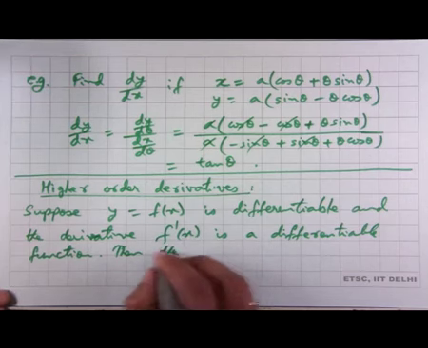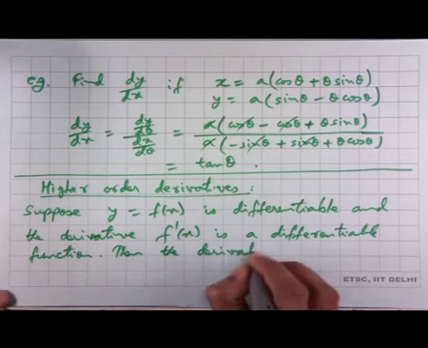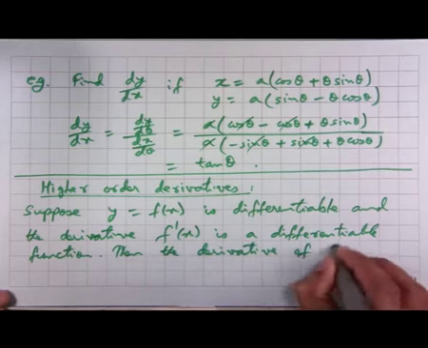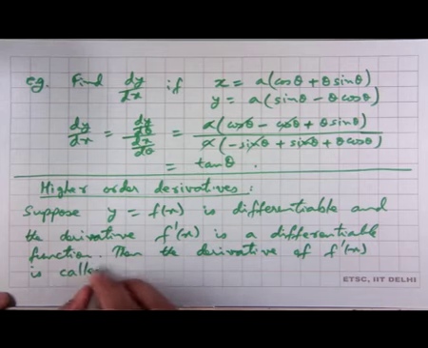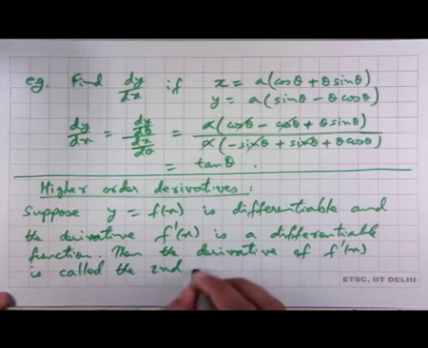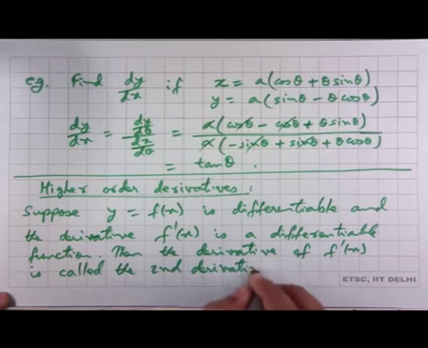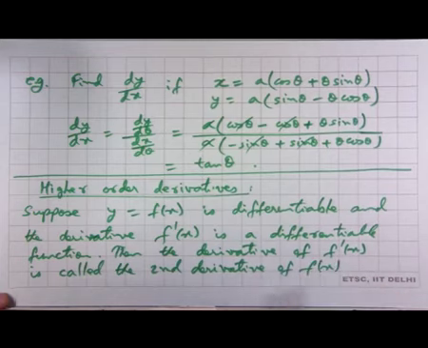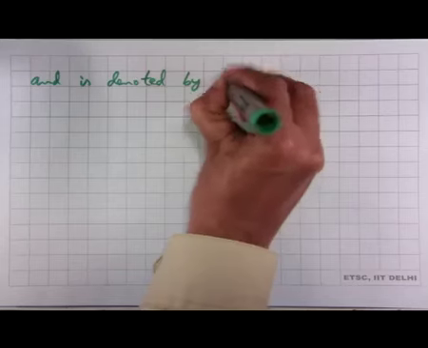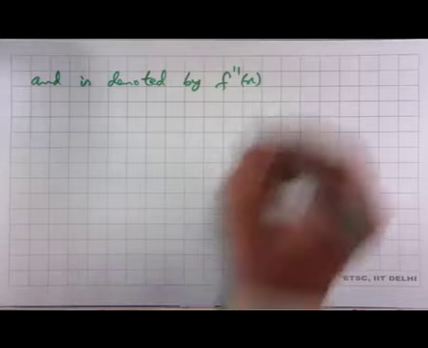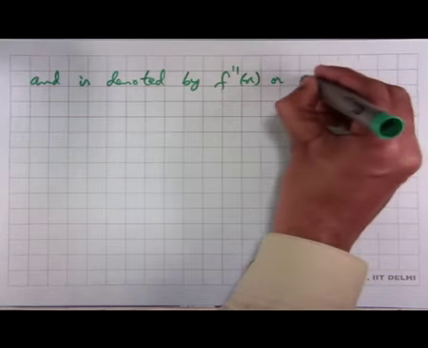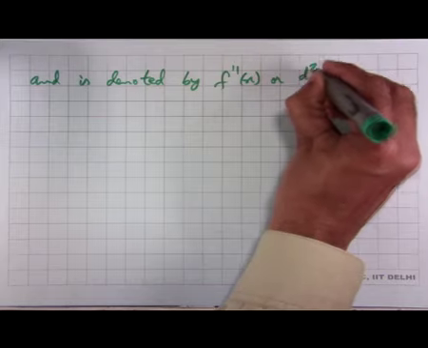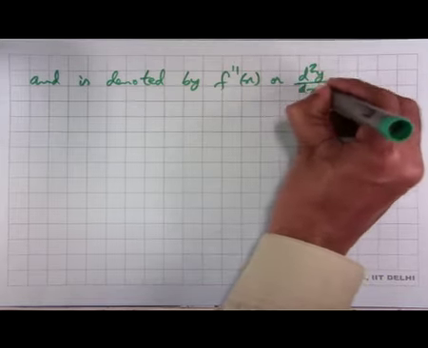The derivative of f prime of x is called the second derivative of f of x, and is denoted by f double prime of x, or if I write y equal to f of x, the derivative is denoted by d2y by dx square.